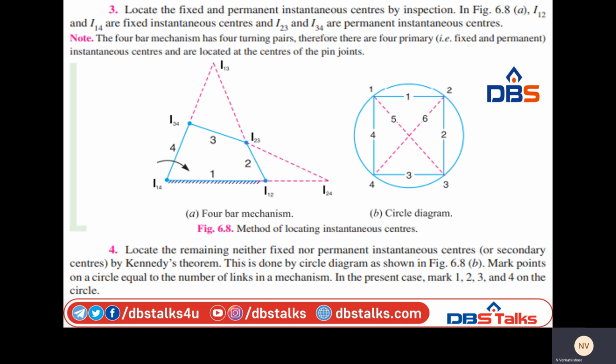This is done by a circle diagram. So mark points on the circle equal to the number of links in the mechanism. In the present case, mark 1, 2, 3, 4 on the circle. If you see the circle diagram, there you can see the points 1, 2, 3, 4 over the circle.